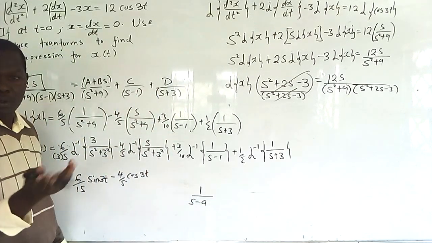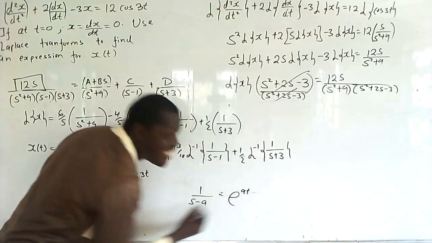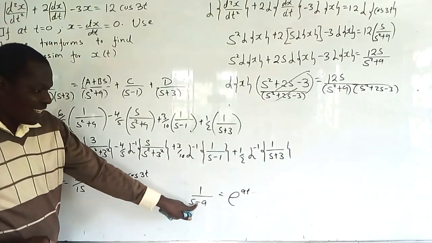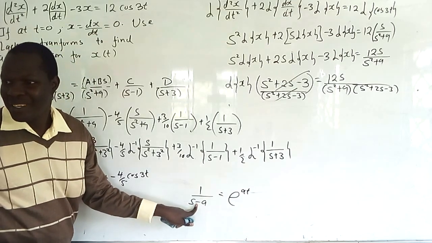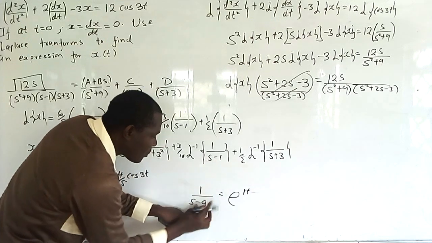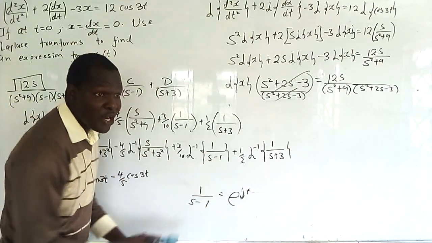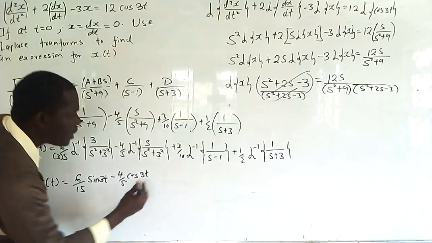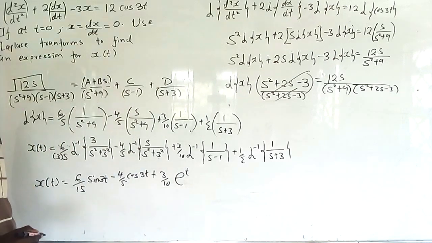Sometimes they give you e exponential at, isn't it? Because we said when here is positive, here is negative. So your a is what? Your a is 1, so that is just e to the t. Good. So we have there plus 3 over 10 e to the t, and you're done.